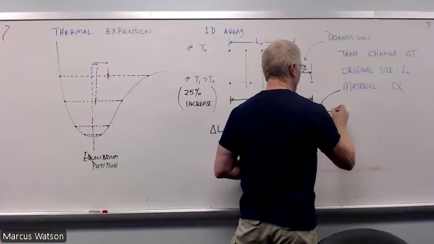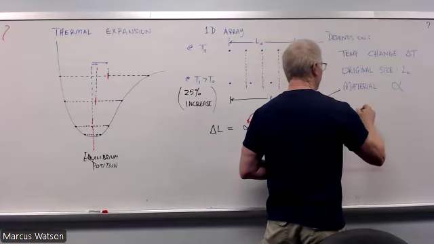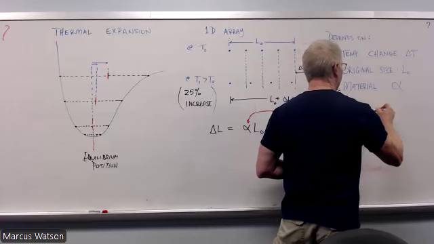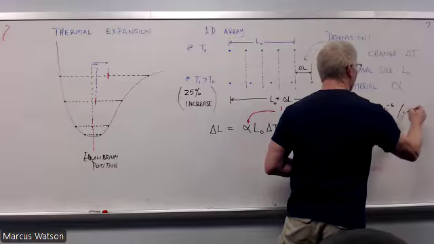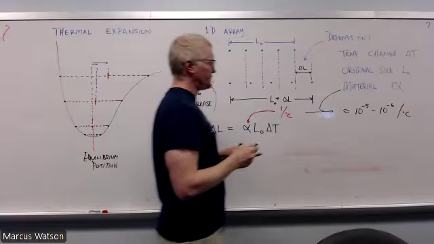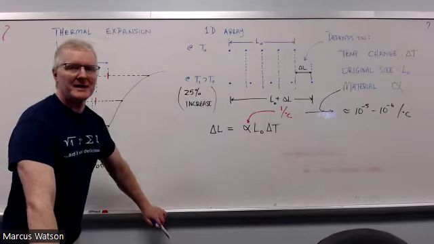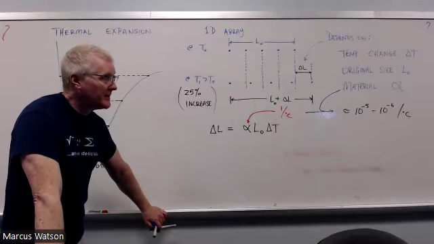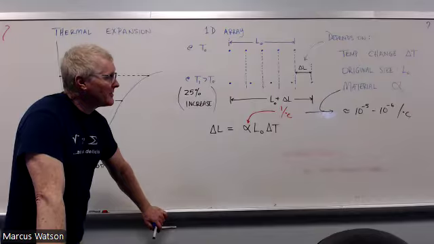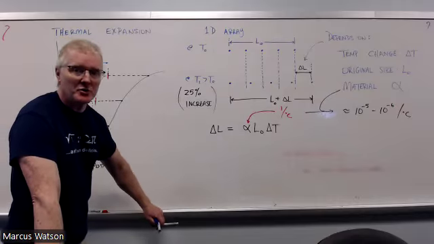Alpha is around 10 to the minus 5 to 10 to the minus 6 per centigrade. So that's giving you an amount of how much expansion you should expect per centigrade, right? So a 25% increase would be quite a bit.